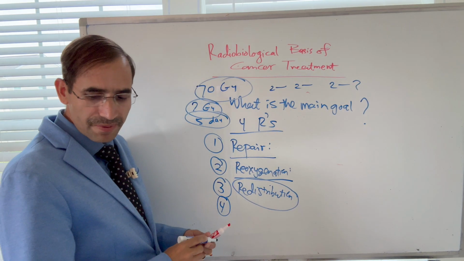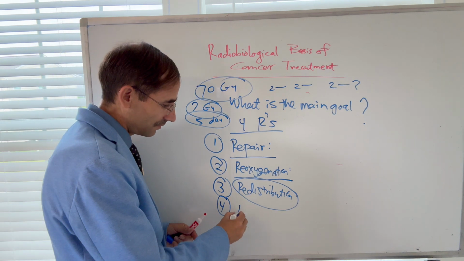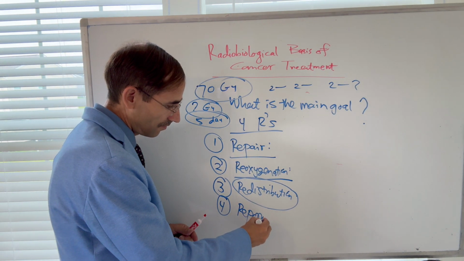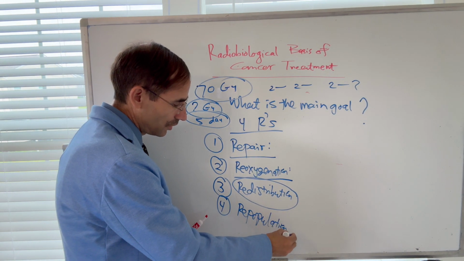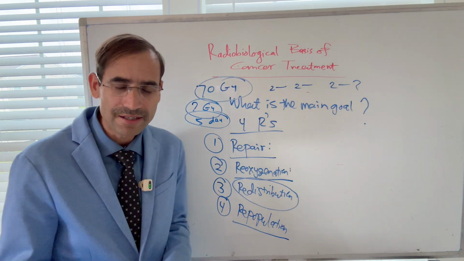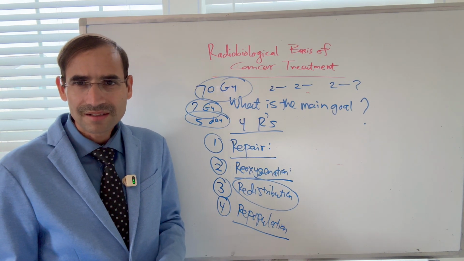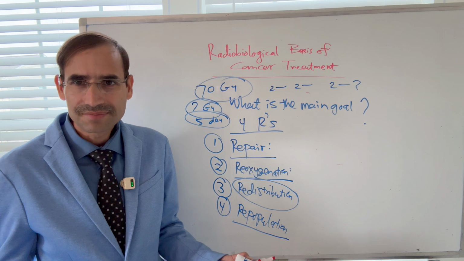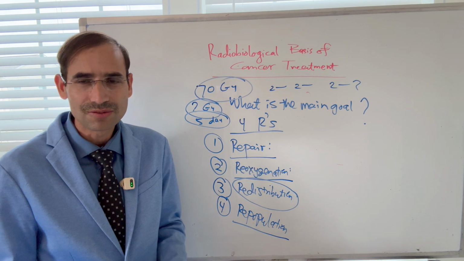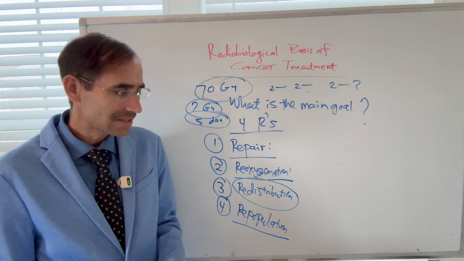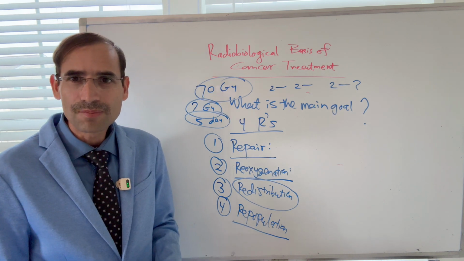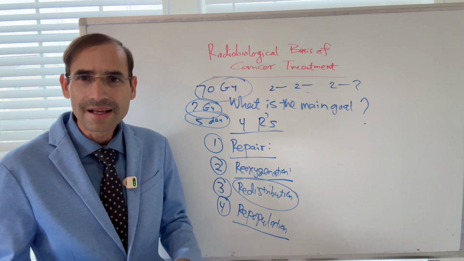And the final principle is repopulation. So you hit the cancer cell using radiation, and the normal cell or even the cancer cell tries to repair. Normal cells repair very well because the mechanism is there to repair. But cancer cells do not have that kind of mechanism, but still they try to repopulate.